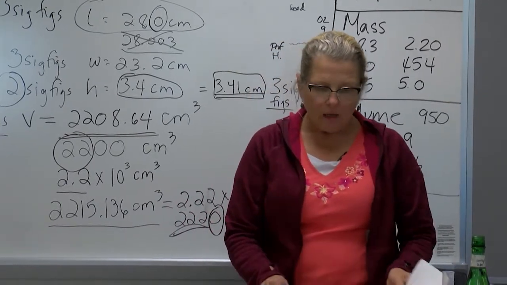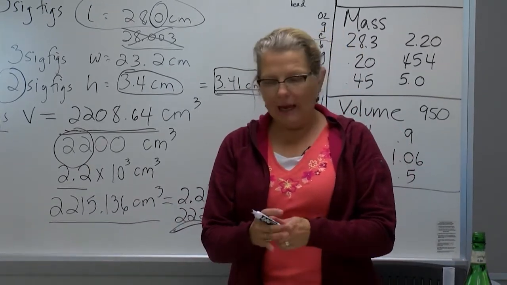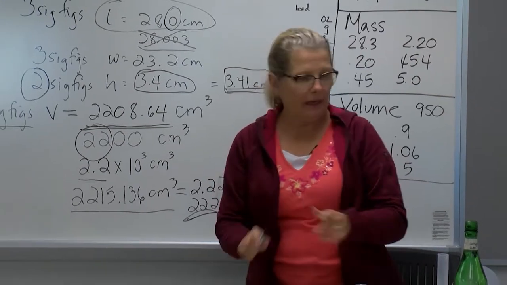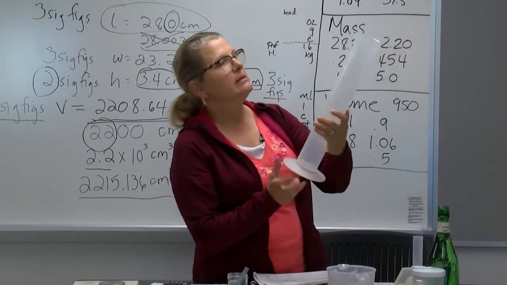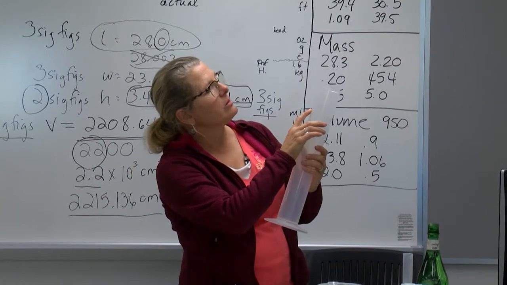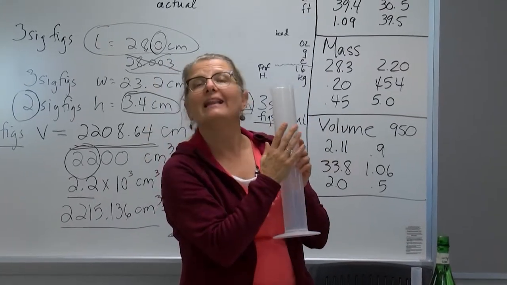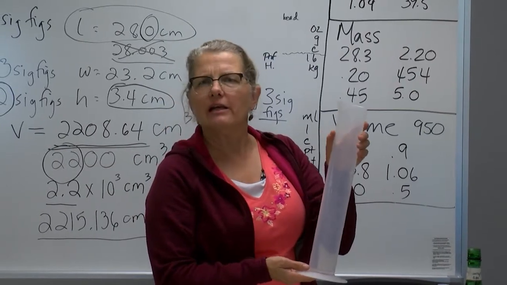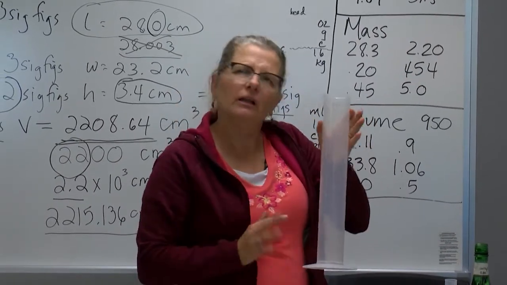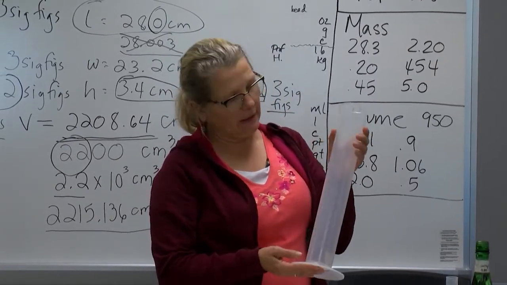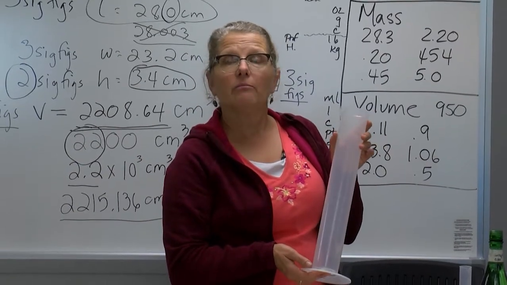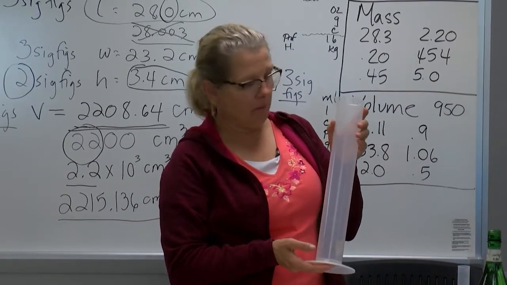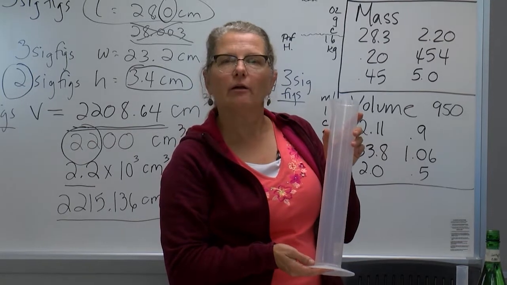Okay? All right, let's look at these graduated cylinders for a minute. This graduated cylinder is 1,000 milliliters or 1 liter. You know when you get a 2-liter pop, it's like 2 of these. This is a cylinder, so it looks like a lot of pop to drink, but 2 of these would be like a 2-liter pop.